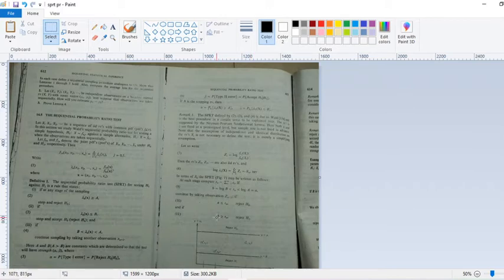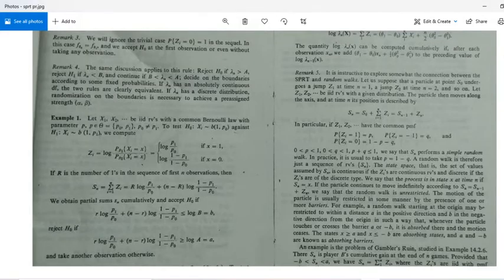If b greater than or equal to Sn, we accept the null hypothesis or reject the alternative hypothesis. And we will take one more observation if b less than Sn less than a. So that was the criteria.